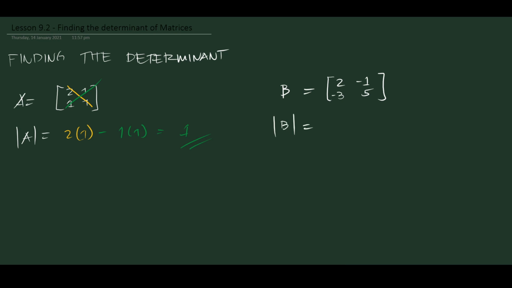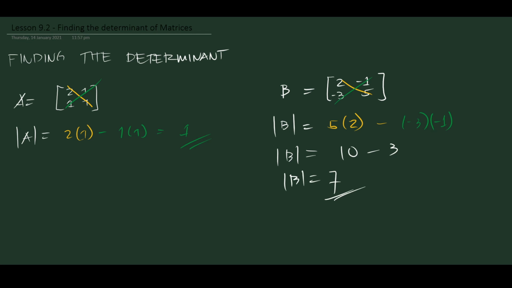So, 5 times 2, sorry, I mean 5 times 2, and then minus -3 times -1. So what do we have here? The determinant is equal to 10 minus 3, right? So our determinant here is 7.